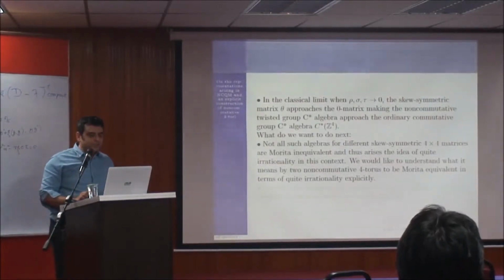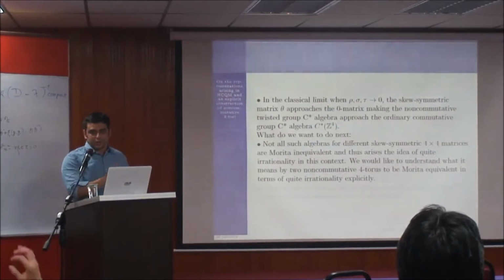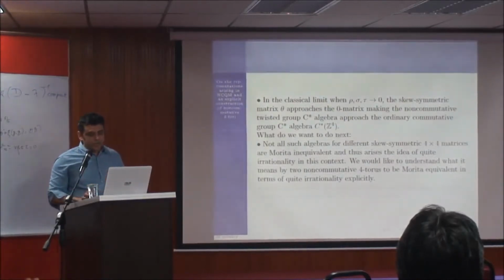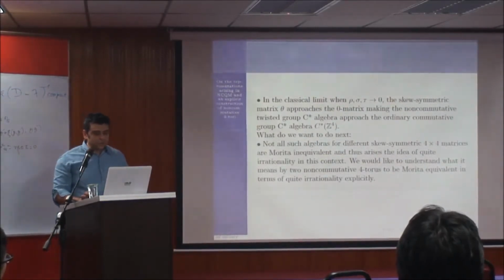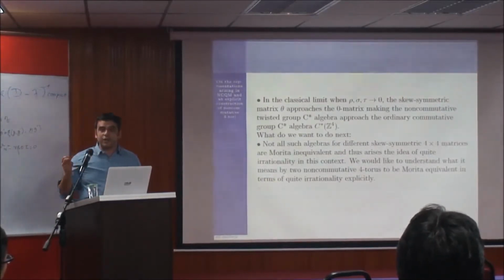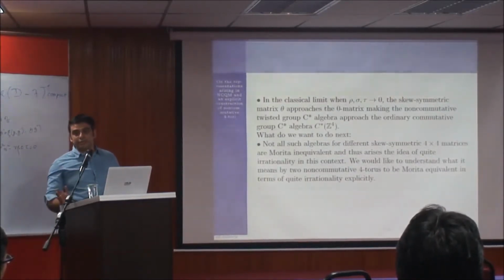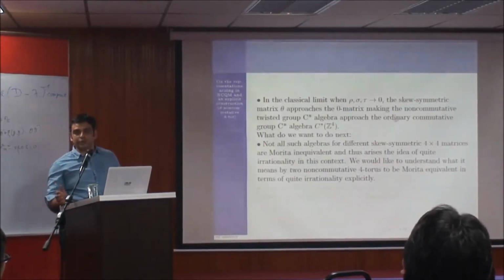Not all such algebras for different skew-symmetric 4x4 matrices are equivalent. I have shown you how to compute these 4x4 skew-symmetric matrices from the unitary irreducible representations of G and C. So now the question is, there is a notion of Morita equivalence from the Japanese mathematician Morita's theory, which is slightly weaker than the ordinary isomorphism of categories.